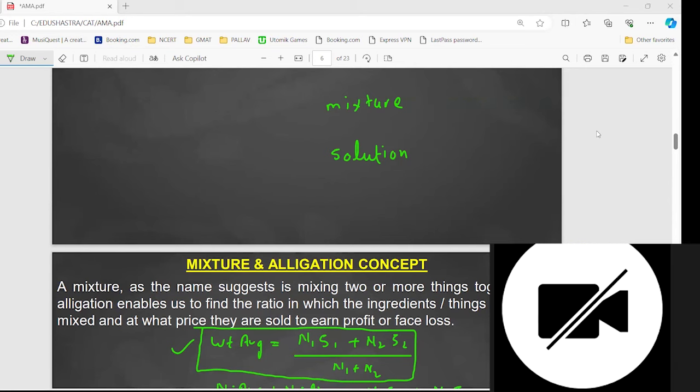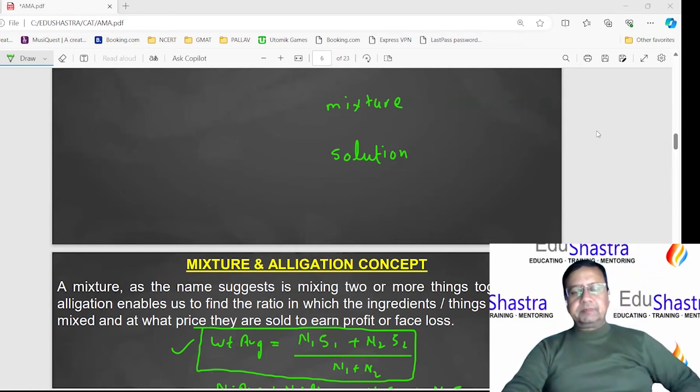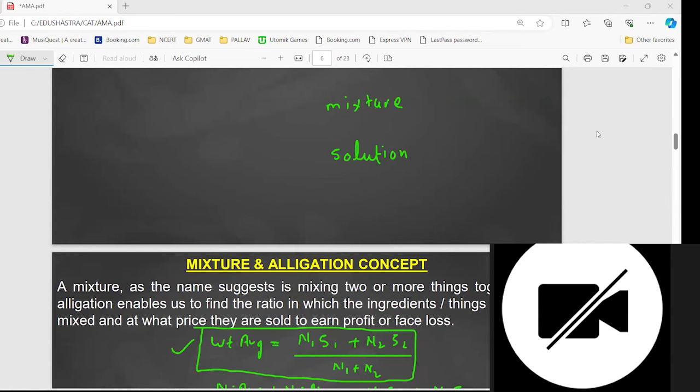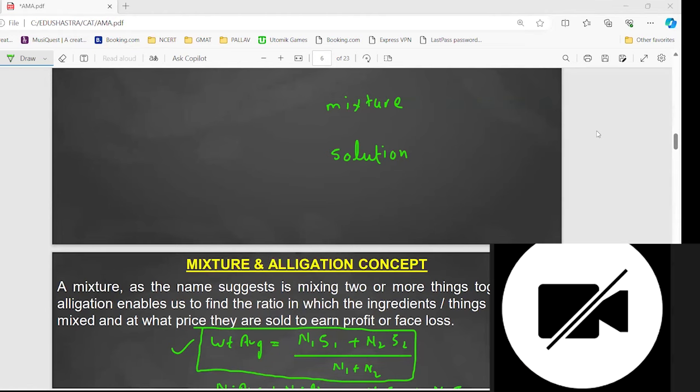Good evening, sir. Am I audible? Good evening. Yes. Okay. So what I meant was that you can see individual components. Like if you look at a mixture of sand and rocks, you can tell that there are two different components which have been put into this mixture. But you can also easily separate the sand, the salt, the rocks out through different methods, right?